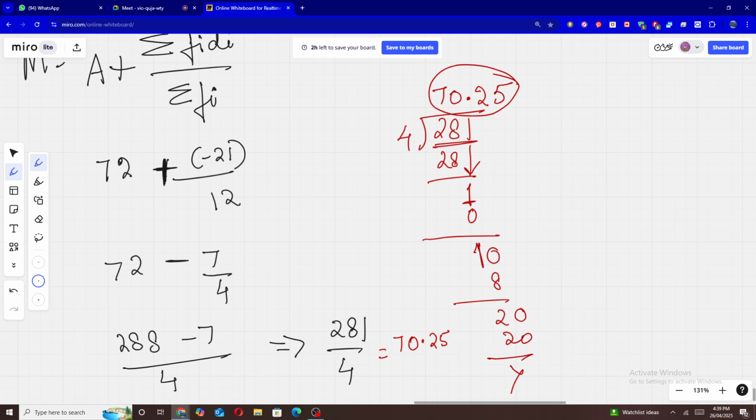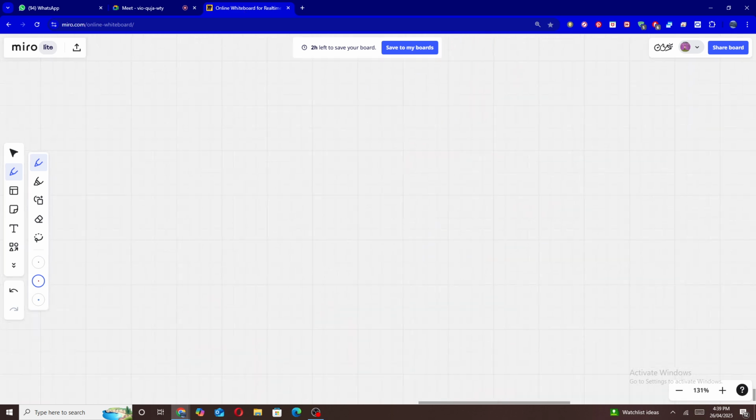Then when 1 comes as a remainder, you put decimal and continue. Is this division only for this lesson? No, this is for everything. Kids make so many mistakes with division, decimals and putting 0. That's why I just clarified.